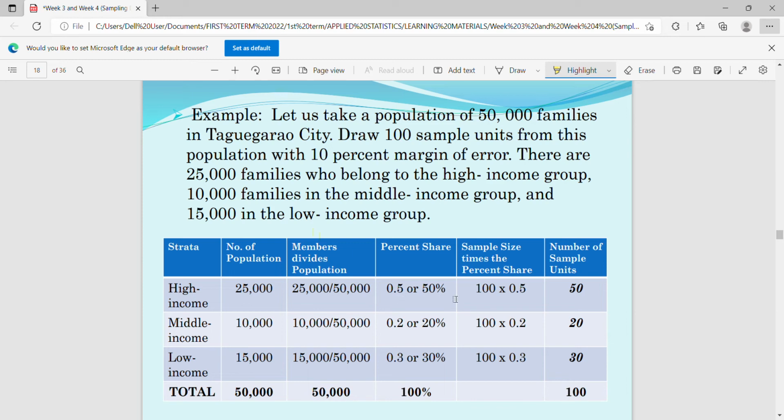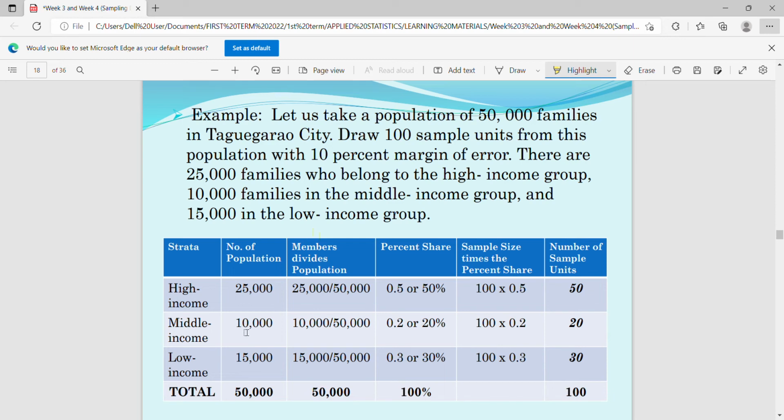And this will be multiplied by the sample size, which is 100. So to come up with the number of sample, you multiply 50% or 0.5 by 100, which will result to 50. So that is the number of sample units in the high income stratum.